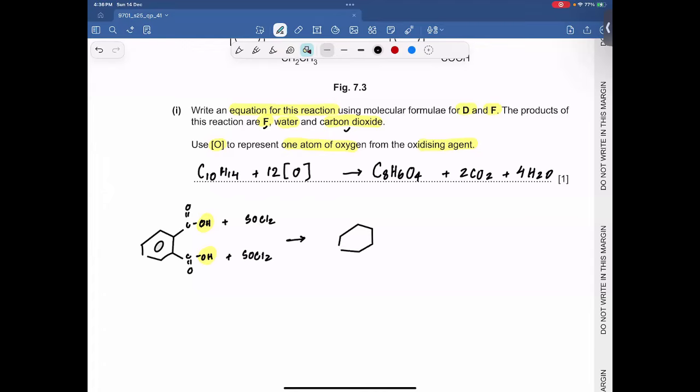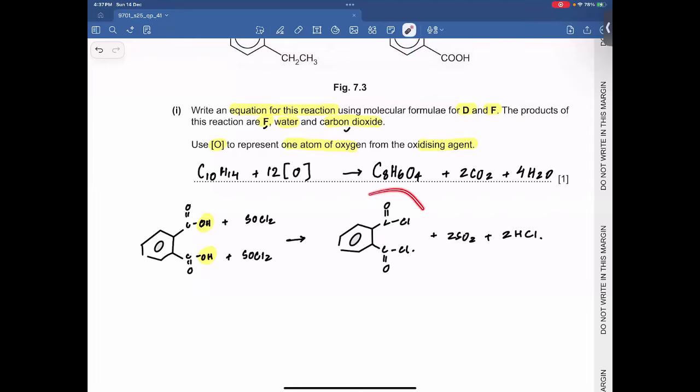So OH has been removed, and as a result of that, it will turn to acyl chloride, plus 2 moles of sulfur dioxide plus 2 moles of HCl. Okay, so that's the compound the examiner is looking for.